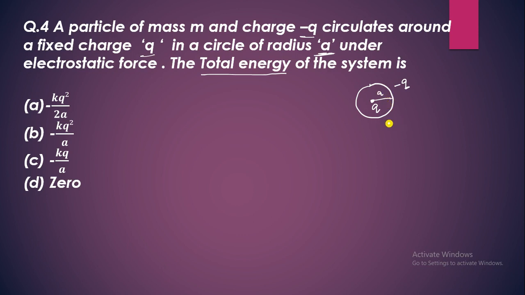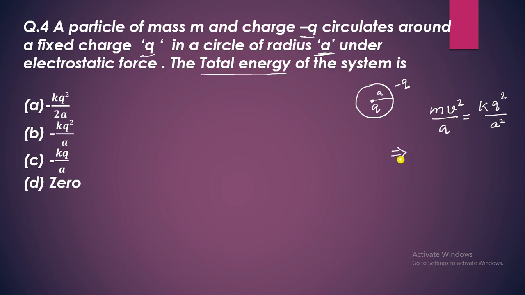And we know which force is responsible for motion on the circular path? Centripetal force, mv square by r, but here the value of r is a. Which force provides the centripetal force? Coulomb's force, k q1 q2, meaning k q square upon a square.